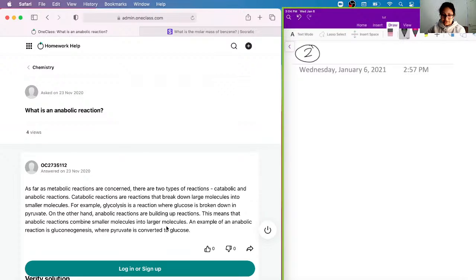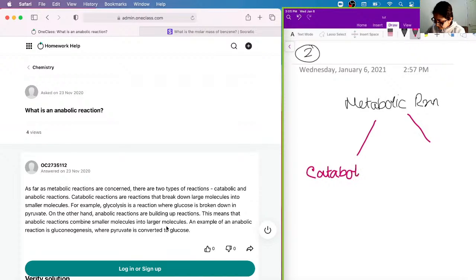There are two types of these reactions called catabolic and anabolic. So metabolic reactions consist of catabolic and anabolic.